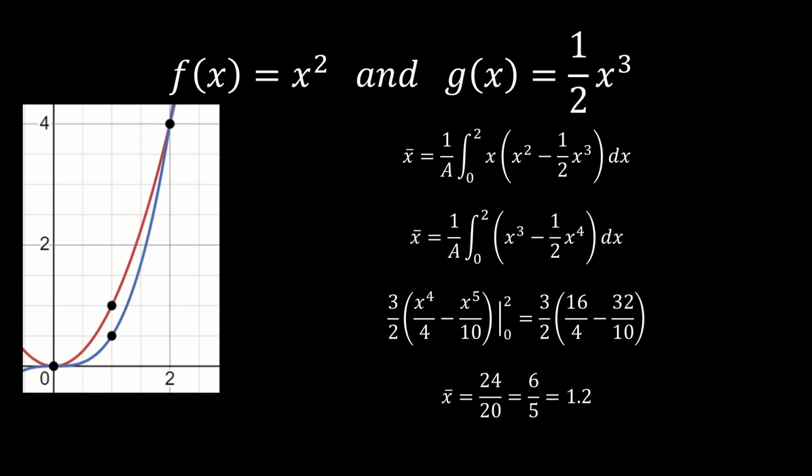Distributing that x across, we get the integral of x cubed minus 1/2 x to the fourth, and then solving that gets us 3/2 times the quantity x to the fourth over 4 minus x to the fifth over 10 from the values of 0 to 2. Or 3/2 times the quantity of 16/4 or 4 minus 32 over 10 or 3.2.